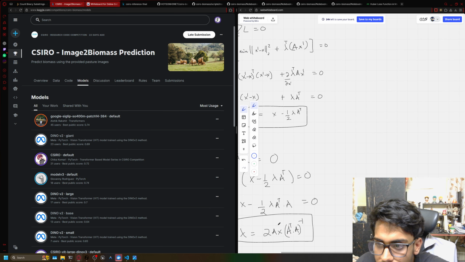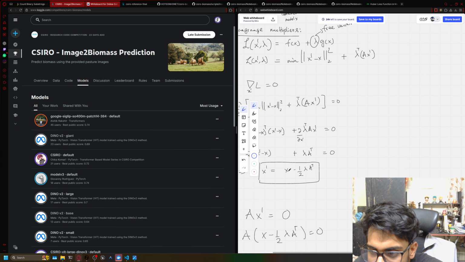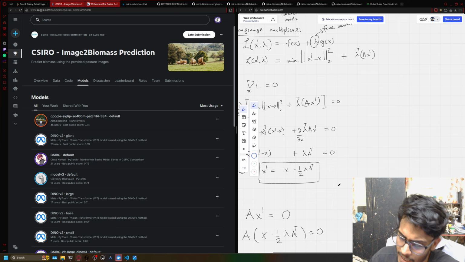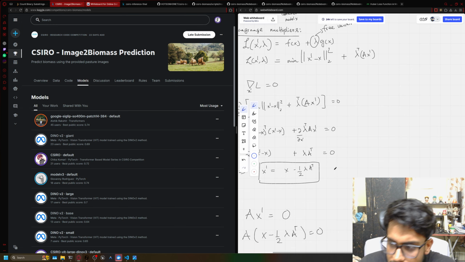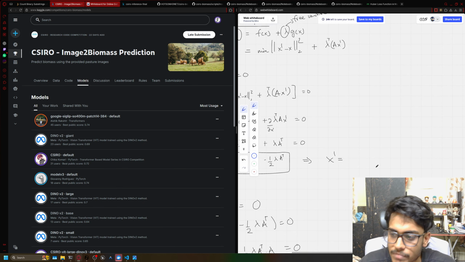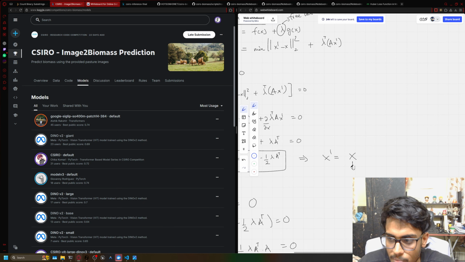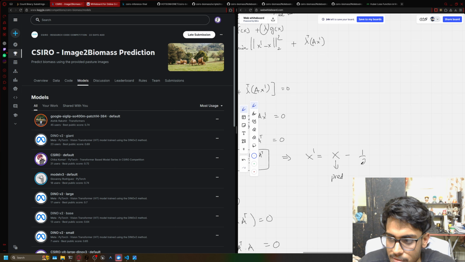Now I know my x prime is x minus half of lambda times a transpose. If I plug in the lambda value, my corrected model prediction will become x, the model prediction, minus half of my lambda value.